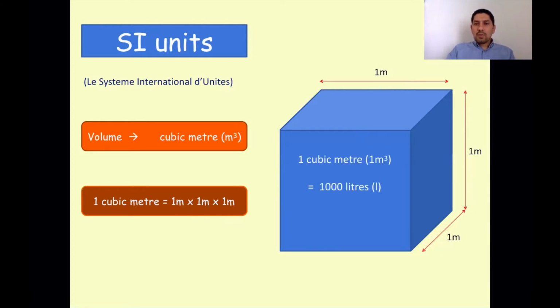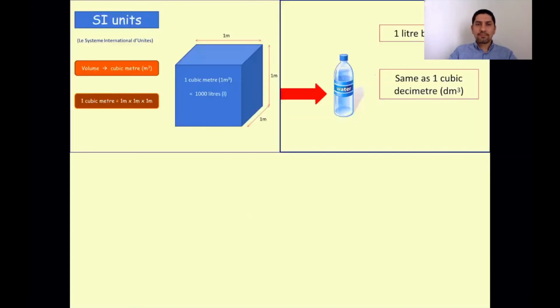So 1 cubic meter has an alternative unit of volume. In daily life, we usually use liters. So 1 cubic meter is equal to 1,000 liters.